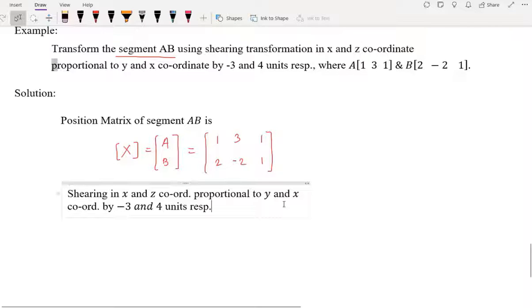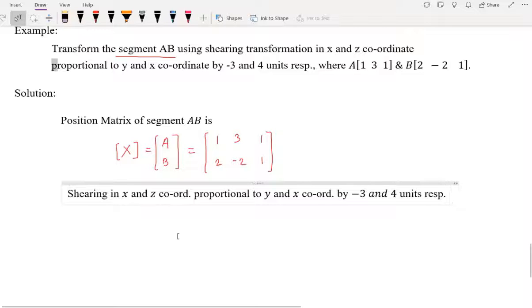So this is our transformation: shearing in X and Z coordinate proportional to the Y and X coordinate by -3 and 4 units respectively.